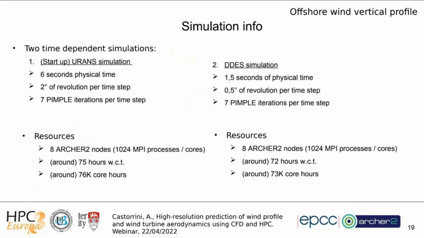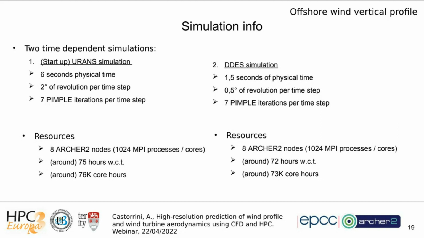And what we get about the simulation now is that one simulation runs for 6 seconds at 2 degrees of revolution per time step with the same amount of iterations, and we get 75 hours of wall clock time. So I think this is more or less 3 times, but it's, let's say, in line with the former measurement of the execution time, because of the difference in the cells in the computational domain.